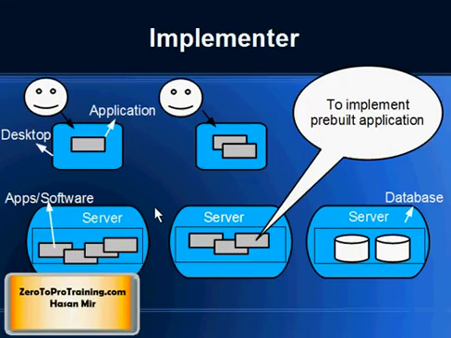Configuration meaning somebody has to go to the setup screens of the software and tell the software how your company is doing the business, what are the processes inside your company, because each company is different from the other company. You have to enter all the information, and this is just in simple words.